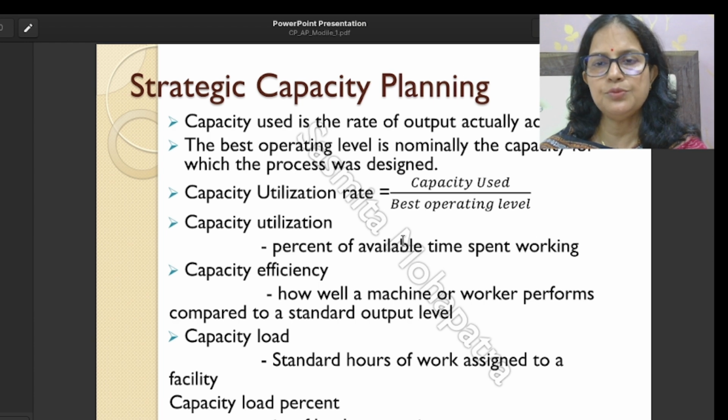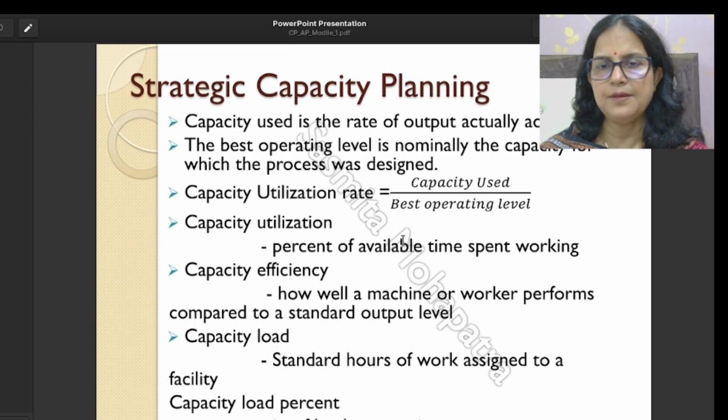What is the output of the machines or the workers? Capacity load, that is the standard hours of work assigned to a particular facility or machine. Capacity load percent, ratio of load to capacity. These are some of the things we need to understand, and we'll discuss in detail in our next slides.